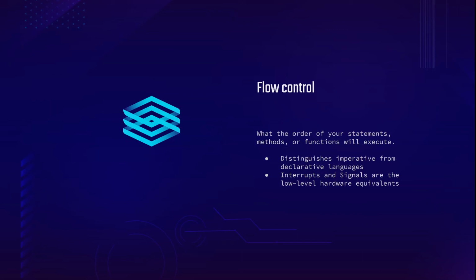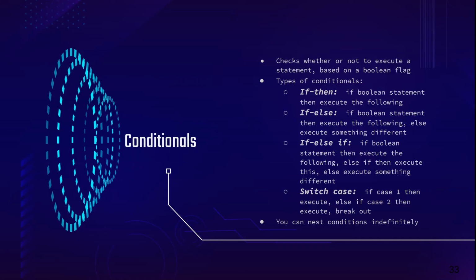It's only going to execute whatever I write in the sequence. Object-oriented has the addition of just making things a little nicer in terms of organization. But anyway, what we're going to be talking about here for flow control is that it distinguishes imperative from declarative, and if we were to consider this as hardware, we can consider interrupts and signals as low-level equivalents. Anyway, that doesn't really matter for you.